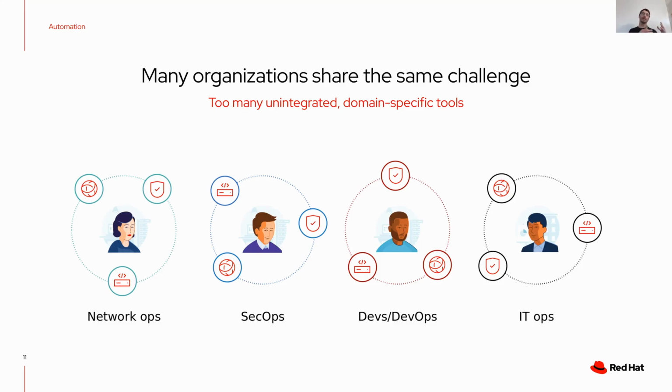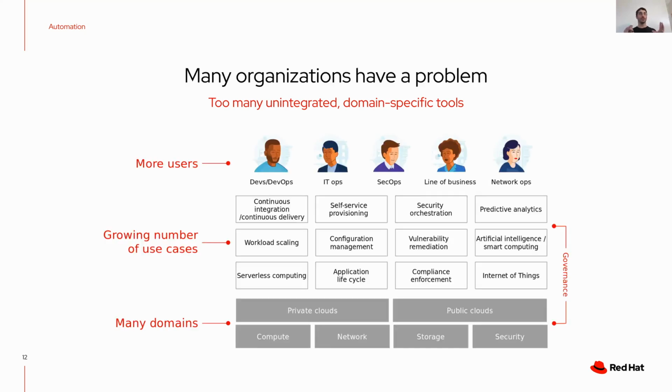But the risk is that you have those verticals, basically those silos, going in a more isolated way, creating their own automation. And if you actually map out what exactly are the domains for those people, you will notice that there are some domains surely different for every one of those. So, for instance, NetOps will be focused on networking, and IT ops will be focused on compute. But then the lines start to become a little bit less obvious.